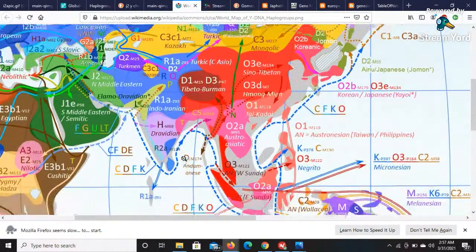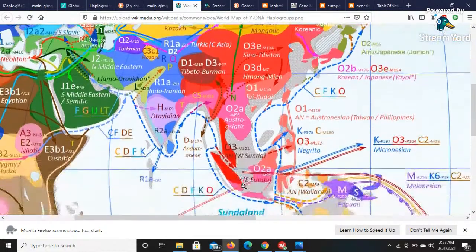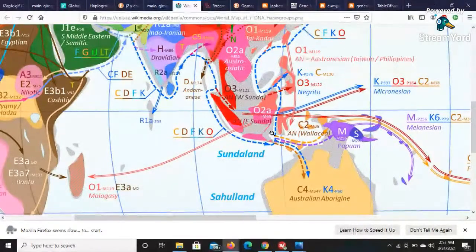The O's are the major population of Koreans, Japanese, Austroasiatic, all the way into the Oceanias over here. The O's here. O there.